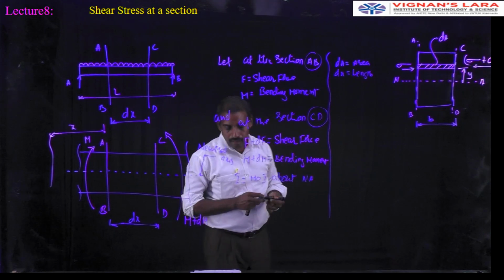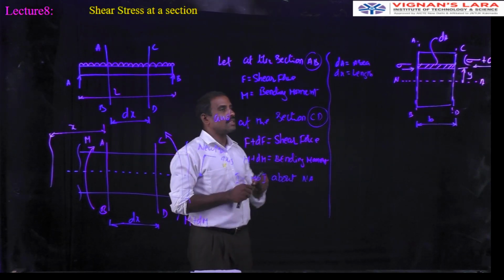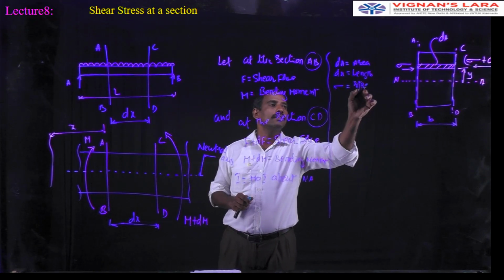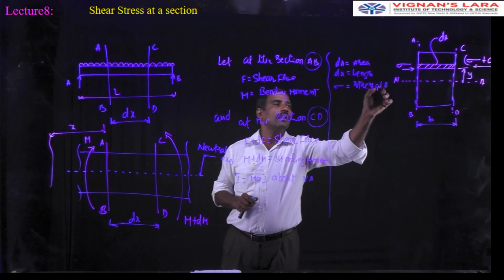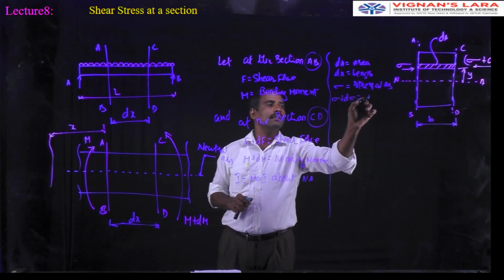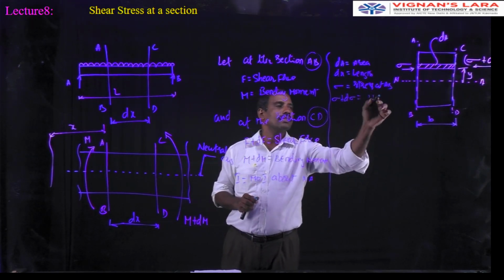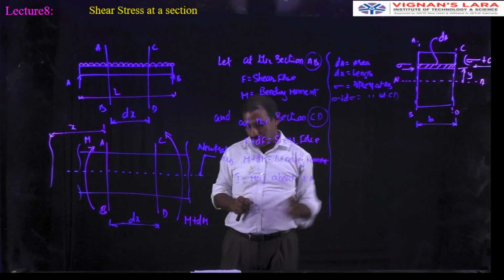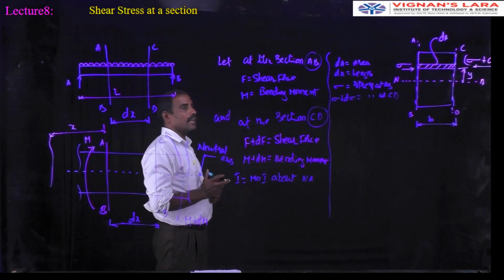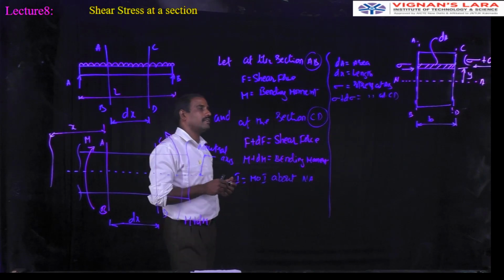So finally, assume sigma is the intensity of stress at AB, and sigma plus d sigma is the intensity of stress at CD. We have to calculate the shear stress. This is the bending stress, simply assumed.